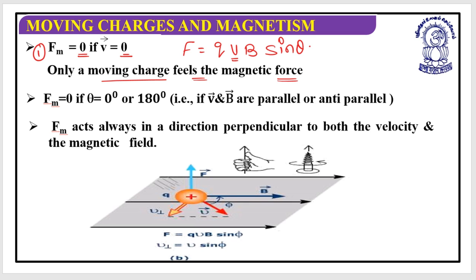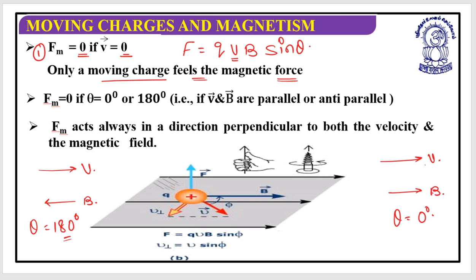Second, let's say V and B are something like this. Suppose this is V and this is B. In this case, theta between V and B is 0 degrees. The same situation can arise if this is V and this is B, where the angle between V and B is 180 degrees.